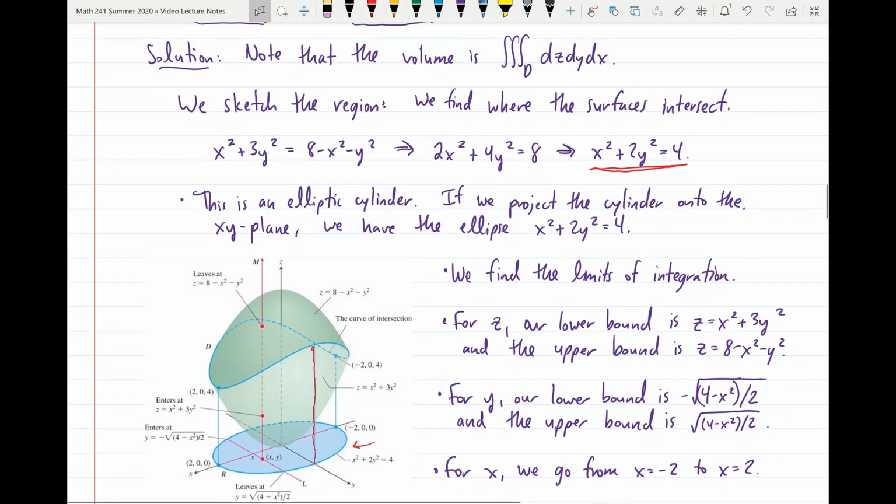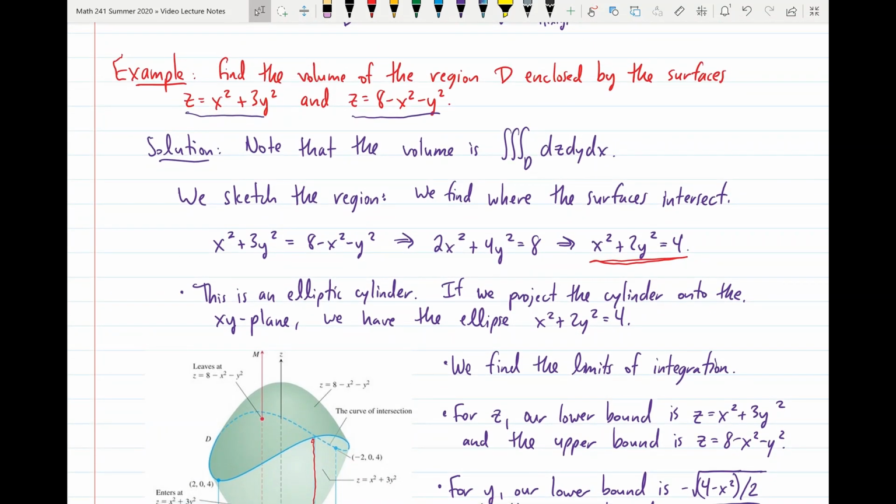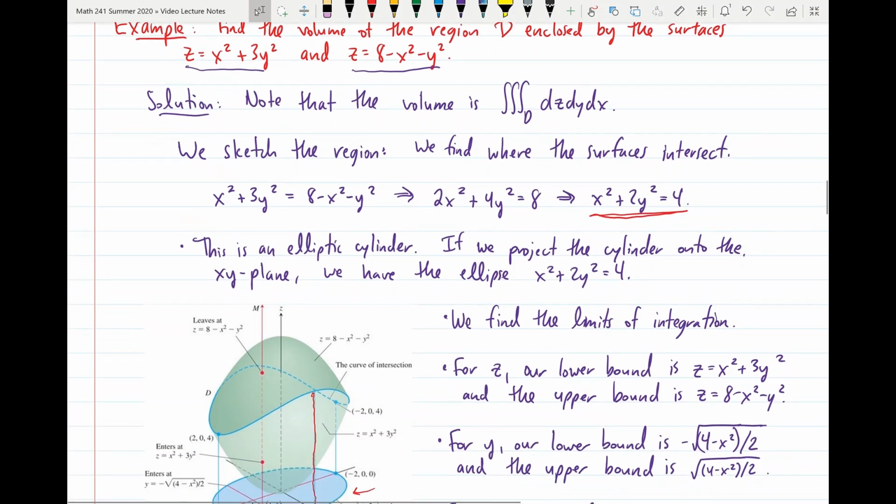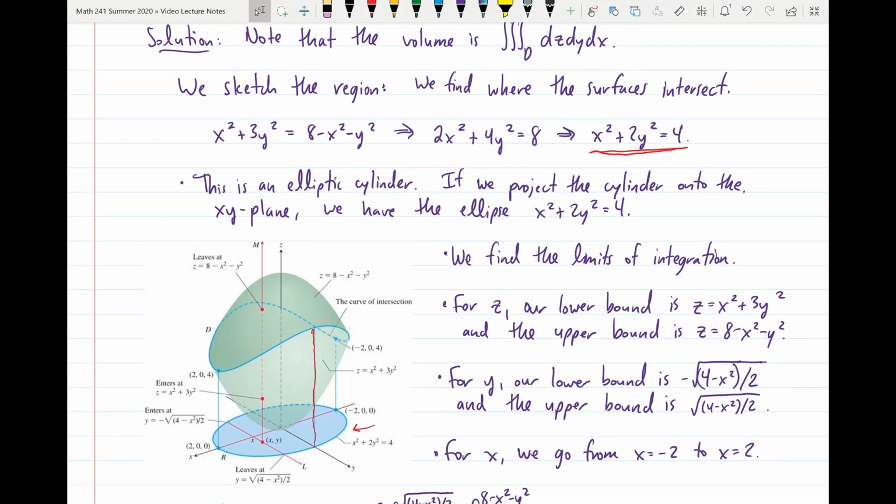Another way to do it is to say, well, I know that z equals 8 minus x squared minus y squared is going to look like a paraboloid with a height of 8. So this point up here is going to be (0, 0, 8).